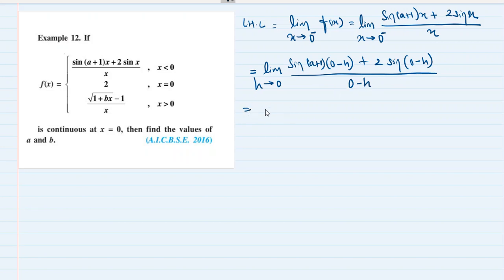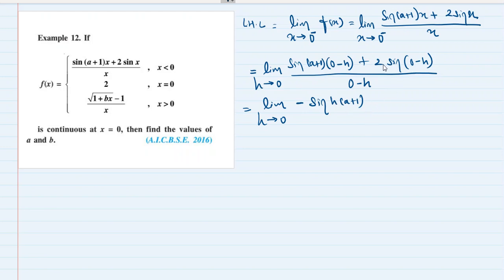Okay, so this will be limit h tends to 0 of, now this will be sine of (a plus 1) multiplied by minus h. So sine of minus theta is minus sine theta, so I can write it as minus sine of h(a plus 1), or (a plus 1)h, does not matter.